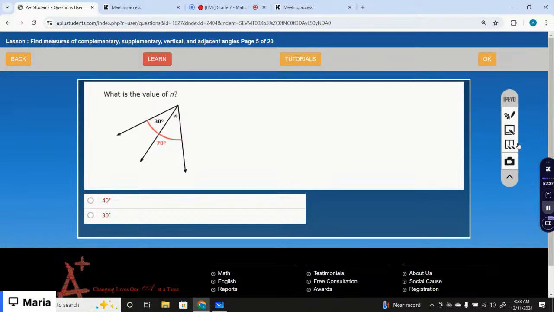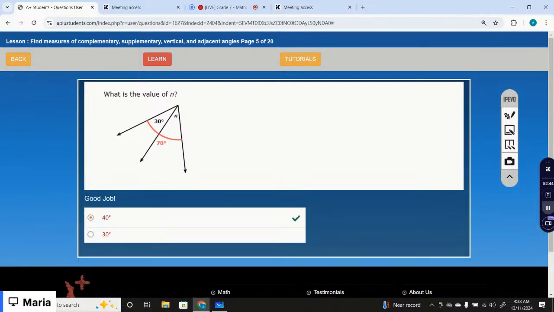The correct option is 30 degrees plus 40 degrees makes 70 degrees, right? Option number one is the correct option. Very good.